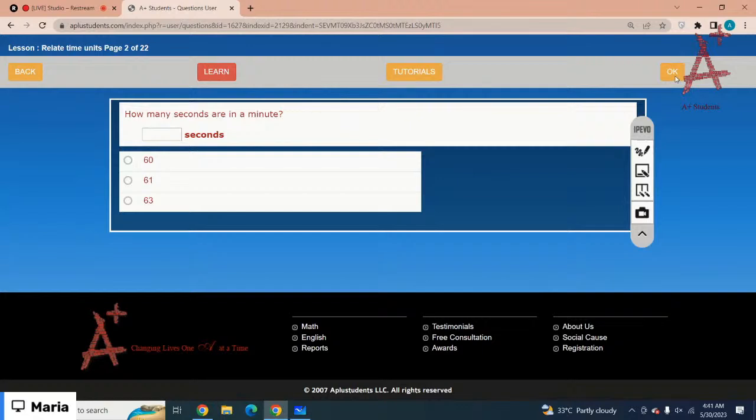Which is the correct option? Yes, very good. In 1 minute you have 60 seconds.